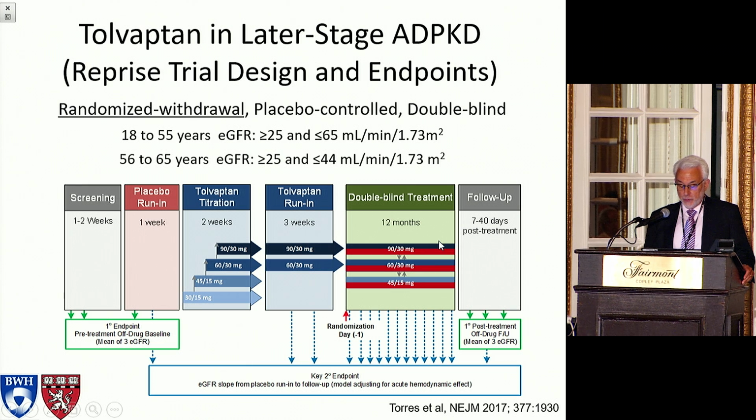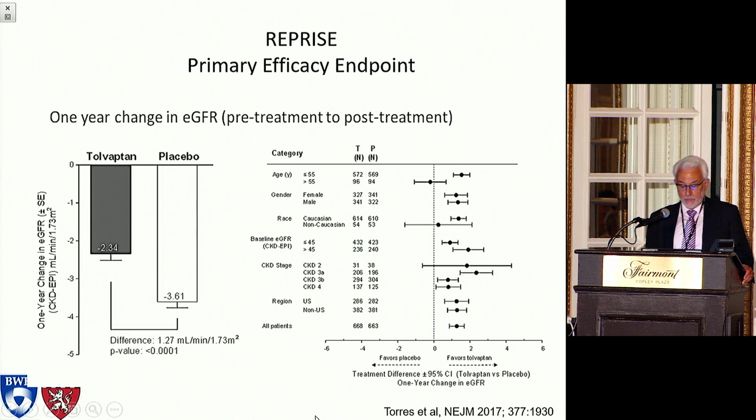This continued for 12 months, and then everyone was followed up, all off drug. And the primary endpoint was the mean of 3 pre-treatment off-drug baseline eGFRs compared to the mean of 3 post-treatment off-drug eGFRs. The secondary endpoint was the slope from placebo run-in to follow-up. And all of these arrows here represent points that were used to calculate the slope.